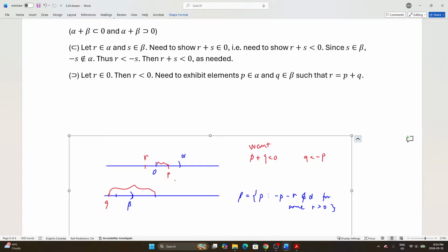Can we maybe pick an arbitrary P in alpha and then construct Q instead?